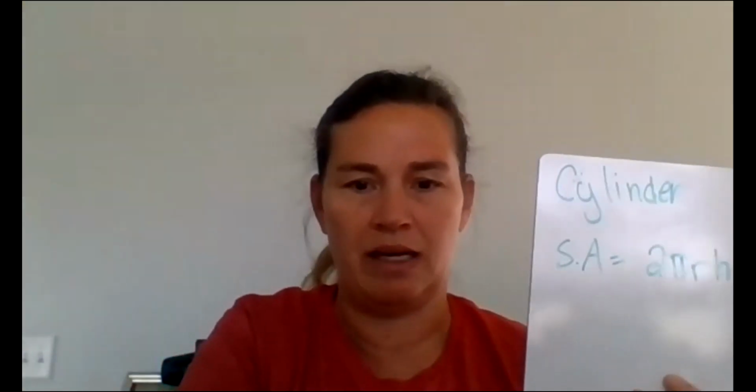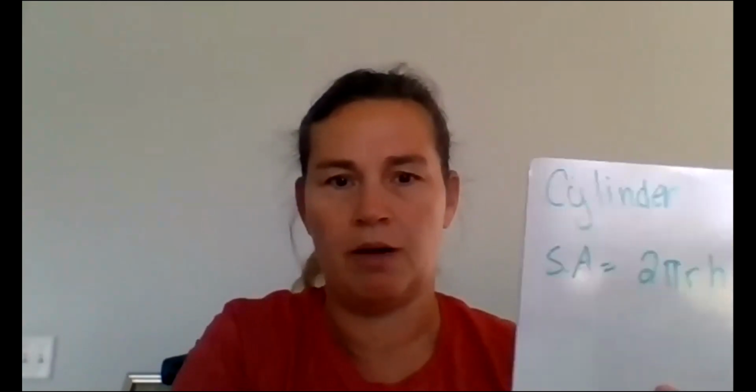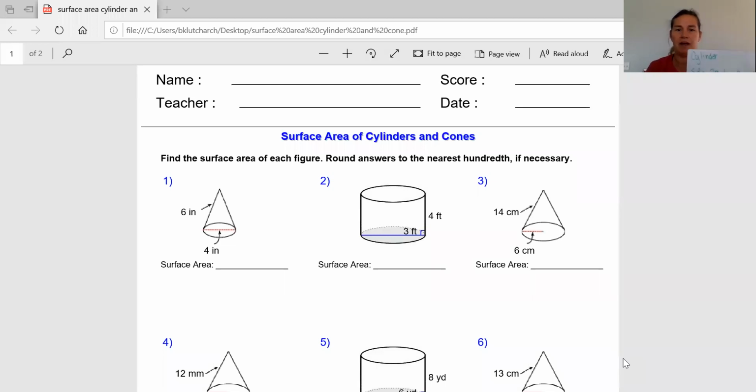So let's go back then and look at a couple examples of how to find area of a cylinder. So we're going to look at number 2. We know we have a diameter of 3, which means the radius is, that's right, 1.5. So I'm going to substitute my numbers in, and then I'm going to solve this equation.